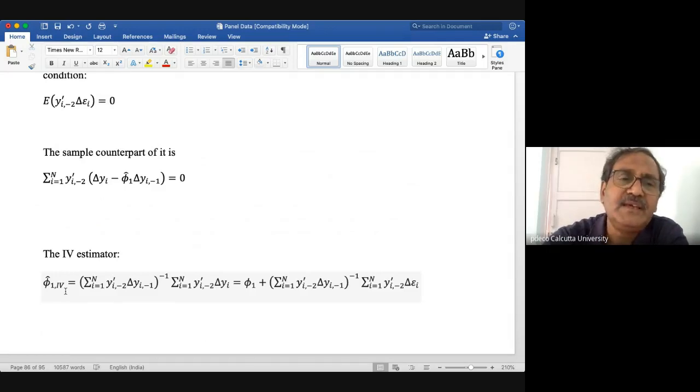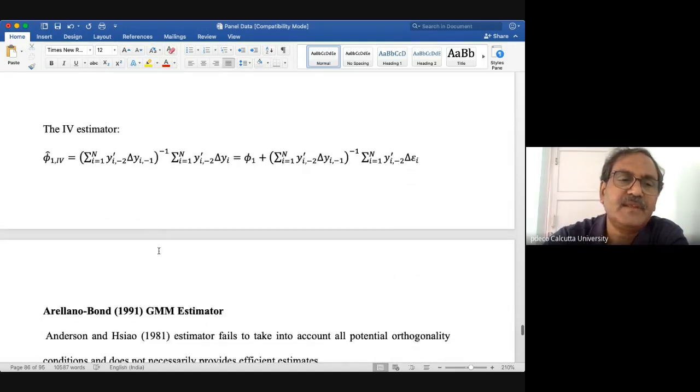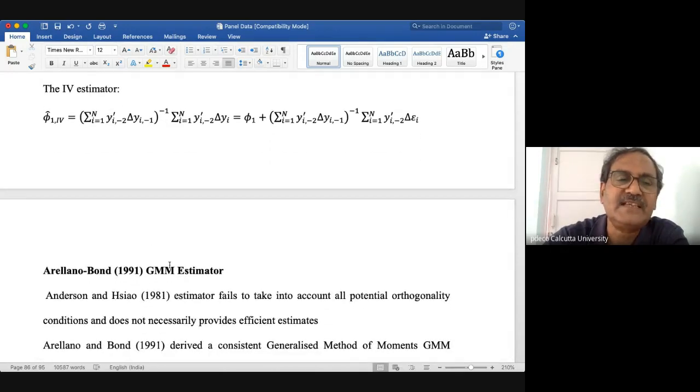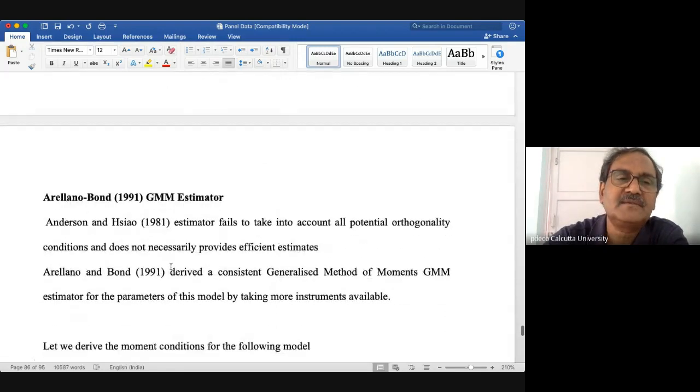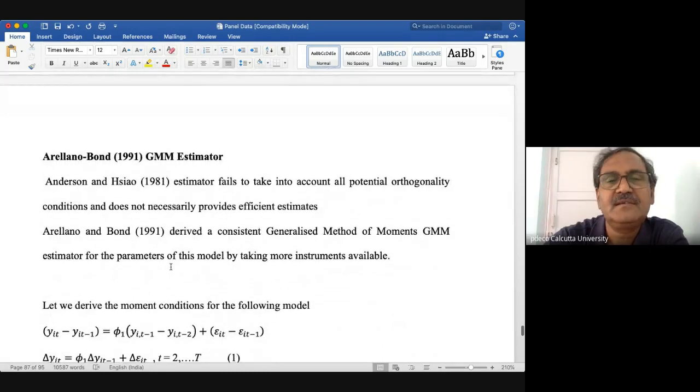Now, if we generalize the moment condition like this by taking all possible instruments, you have a method known as the generalized method of moments, GMM. So later on, Arellano and Bond extended the methodology of Anderson and Hsiao by considering all possible instruments and by using GMM.